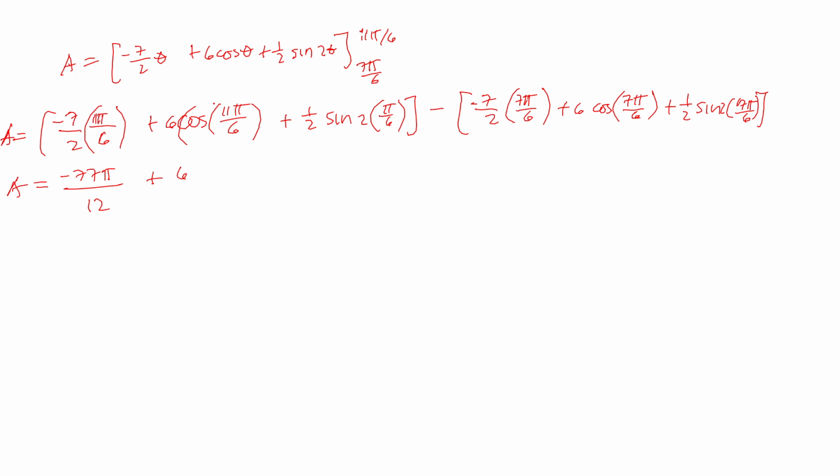So let's have first cosine of 11 pi over 6, that is square root of 3 over 2, plus 1/2 sine 2 times 11 pi over 6.